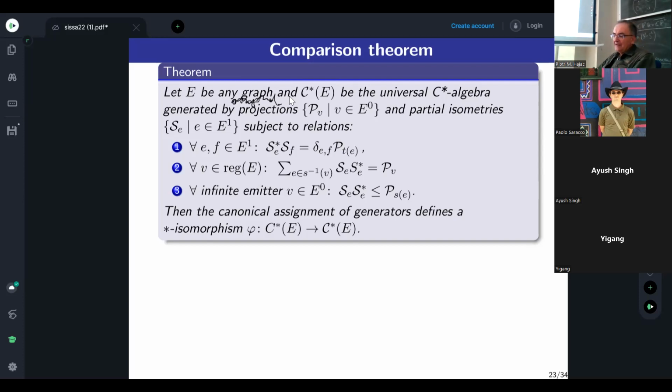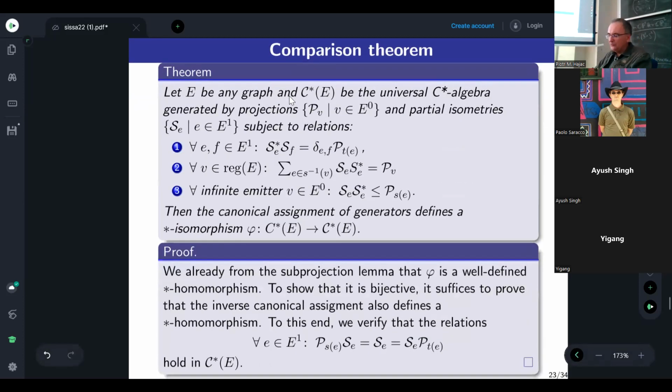Now I claim that the canonical assignment of generators, just changing fonts, defines a star isomorphism from the graph C*-algebra as we define it, to this calligraphic graph C*-algebra as it is usually defined by people in functional analysis. So I claim that this is an isomorphism, and here's the proof.